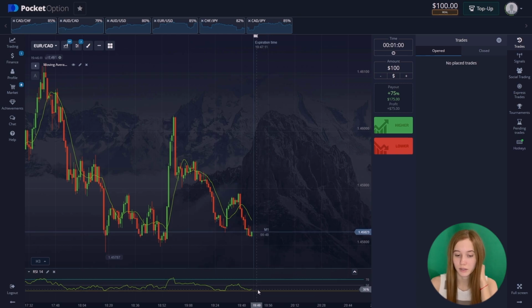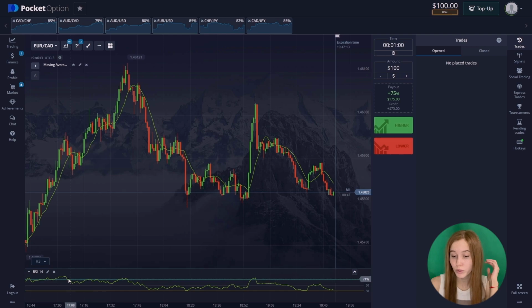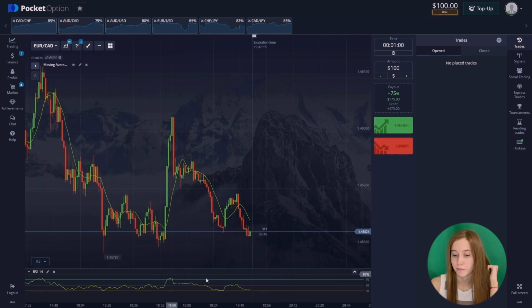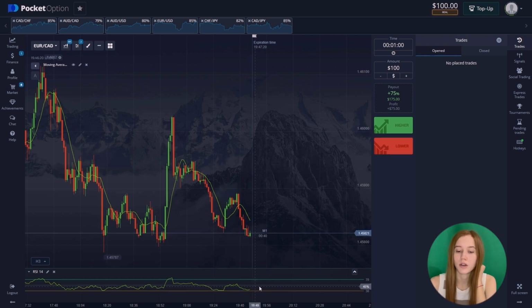Upper zone and lower zone. Upper is overbought and the lower zone is oversold. This indicator helps to understand in which direction our trend is leading.